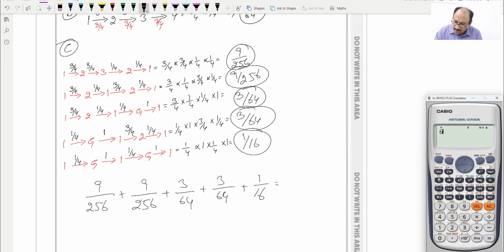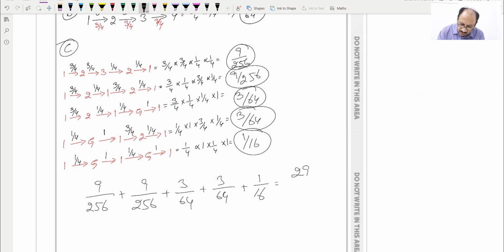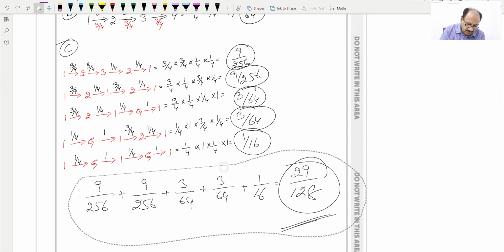This will result in 29 over 128. 29 over 128 will be the final answer for this C part.